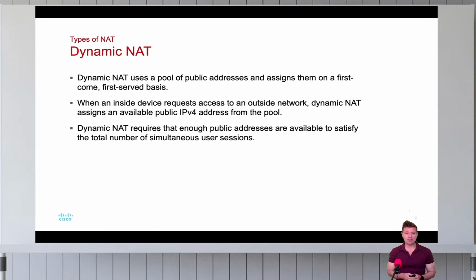So if you have 50 devices on the inside of your network and only a pool of 5 public IP addresses, only the first 5 devices will be able to have a translation made. Other devices have to wait until one of the public addresses frees up, and then they can try and use it.